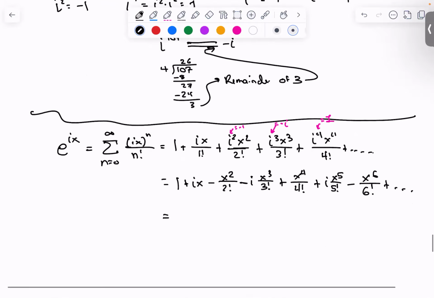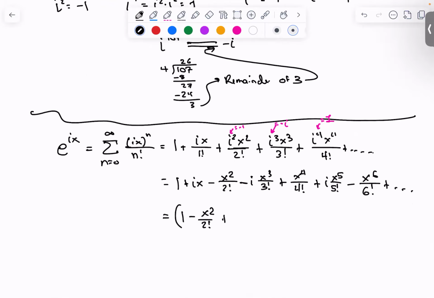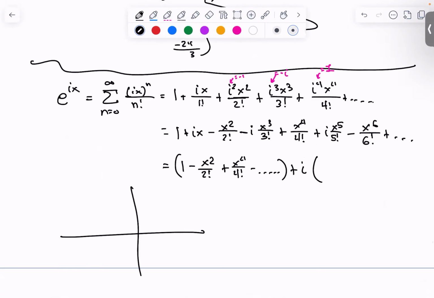So this is equal to, parentheses, 1 minus x squared over 2 factorial plus x to the fourth over 4 factorial minus dot, dot, dot, plus i times, I'm going to factor out the i from all of those infinite terms. And the reason why I can do this, by the way, sorry, this is just the mathematician in me, trying to make sure that I am covering all my bases. I can factor these things and rearrange them because the interval of convergence for e is everything. We're working in the complex plane now, and the complex plane is no longer a line, but it is a grid.